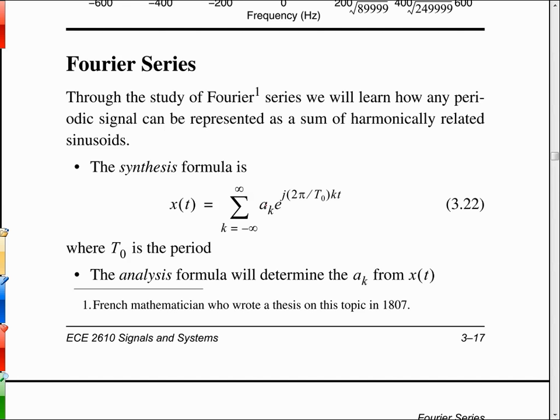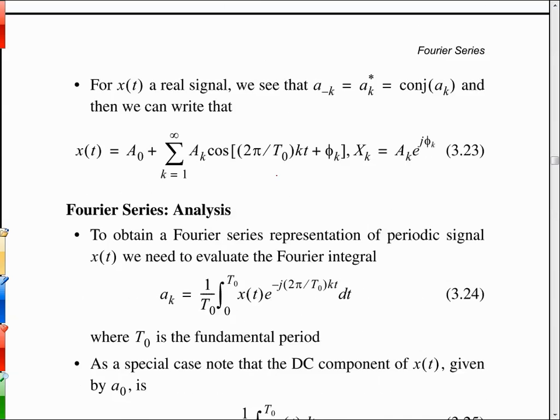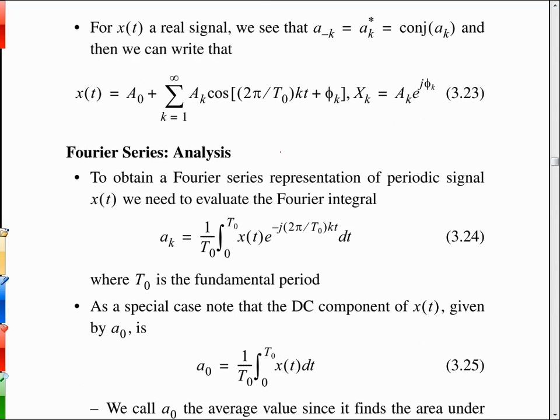So that's the so-called analysis formula. The synthesis formula is the fun part, where you've already got the coefficients found, and you're just going to synthesize a waveform using this equation 3.22. The analysis side, as we briefly were looking at last week, involves having to do this integral.